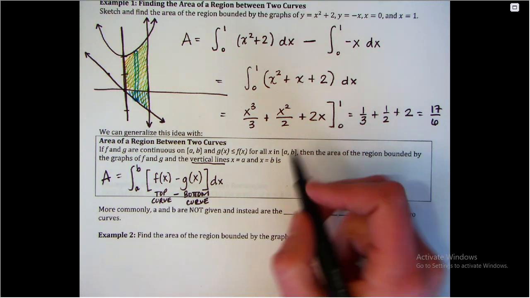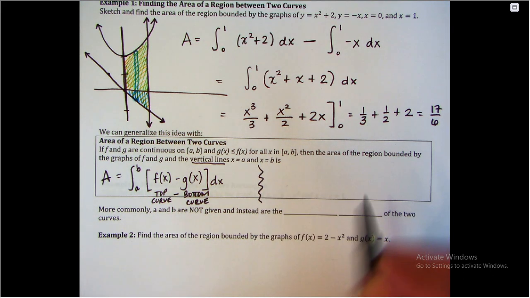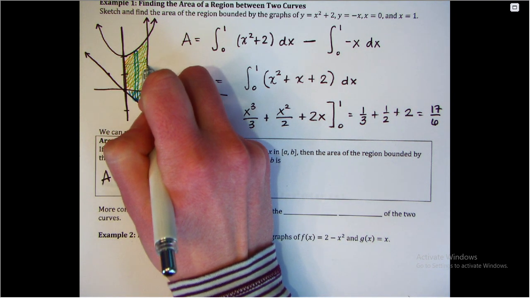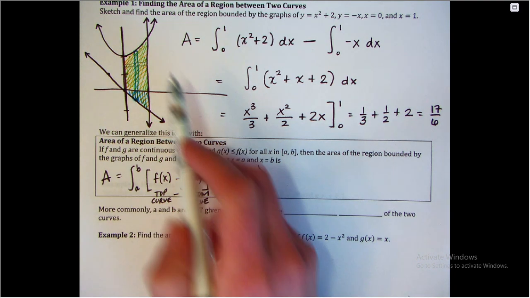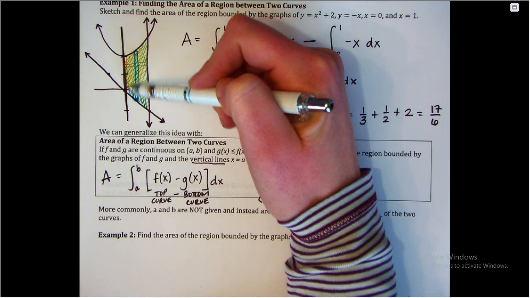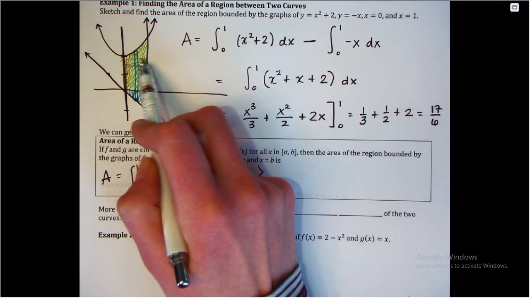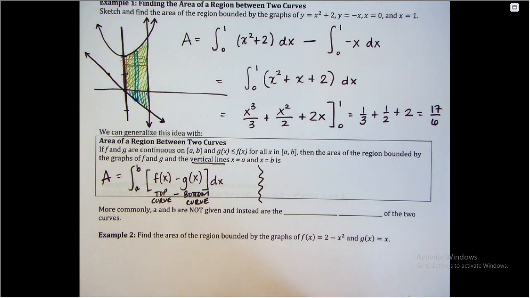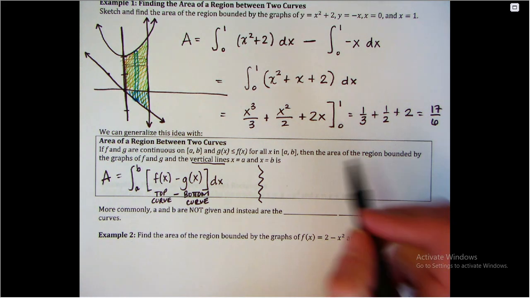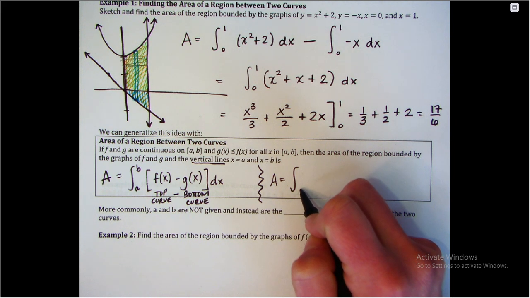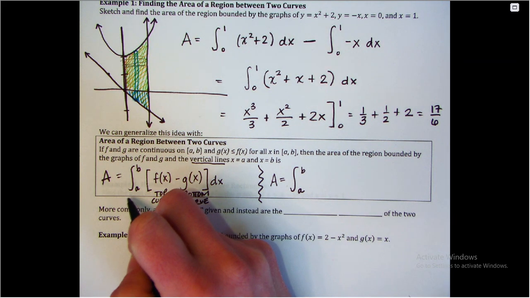There's another version of this formula that says that you can construct your rectangles and move side to side. So rather than constructing and creating your Riemann sum going vertically, you can construct your Riemann sums horizontally. We'll do our last example in the notes with that method. So we're going to have area equals the integral, again from a to b, but this time over here, remember these are x values.